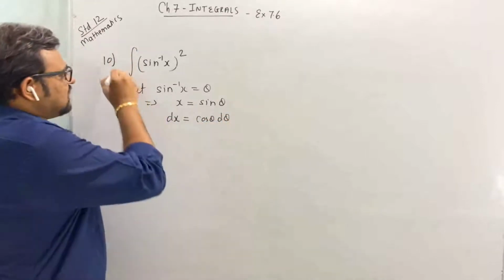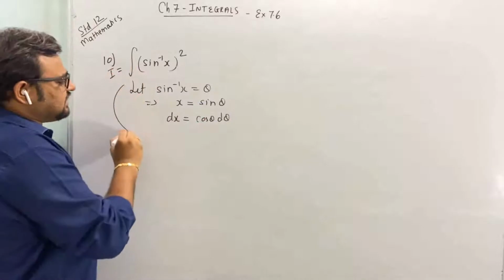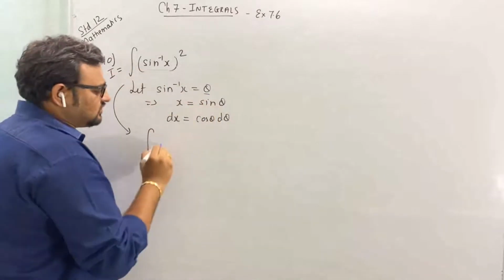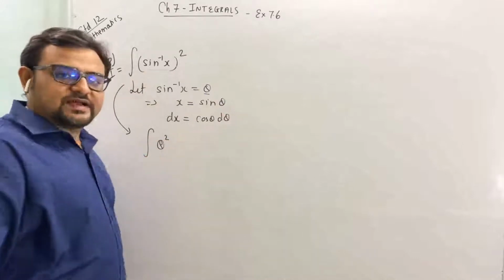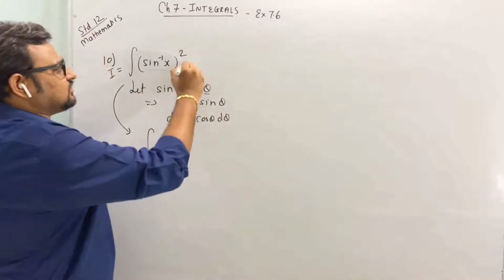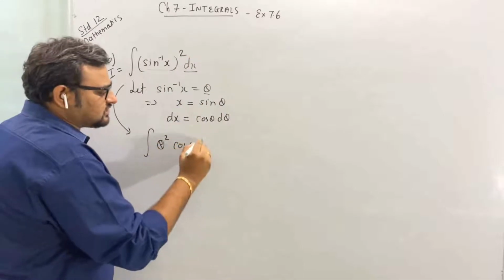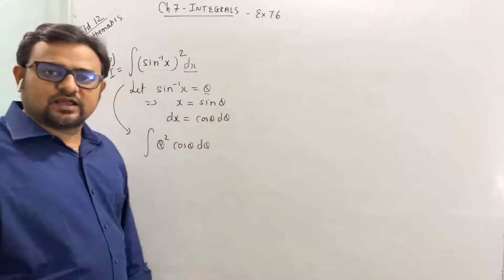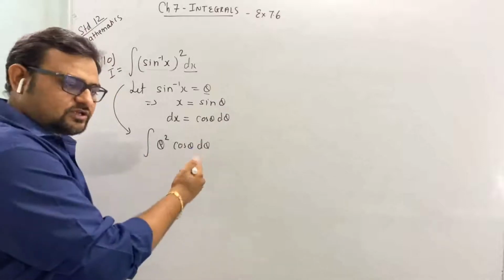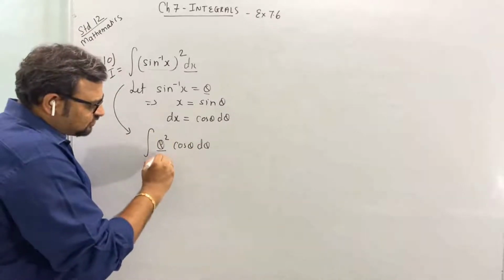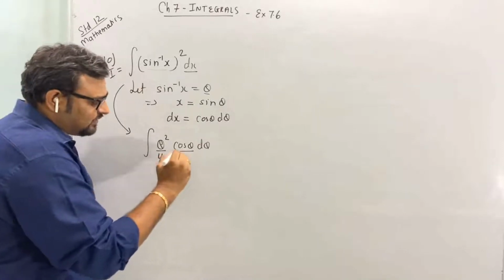Now replacing in this question, sine inverse x equal to theta means theta square, and instead of dx, I will write cos theta d theta. So now it's a product of theta square and cos theta. Theta square we will assume as u and this will be assumed v.